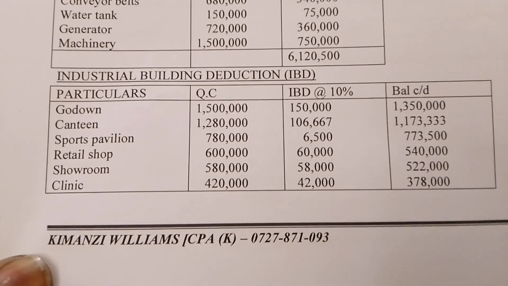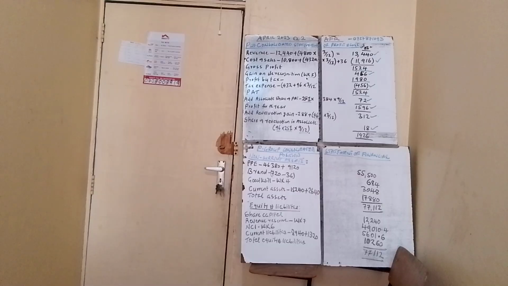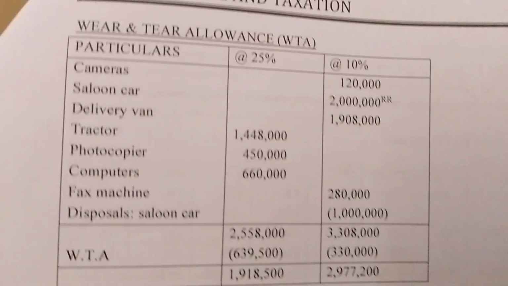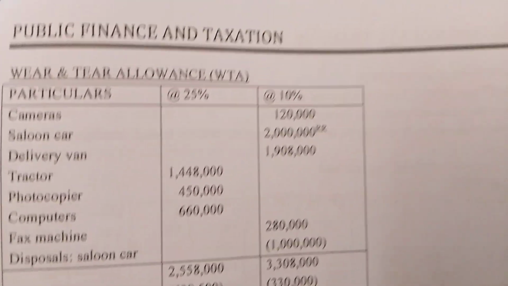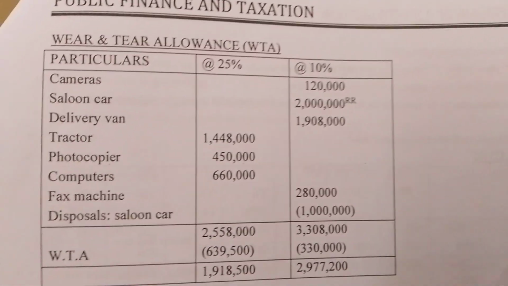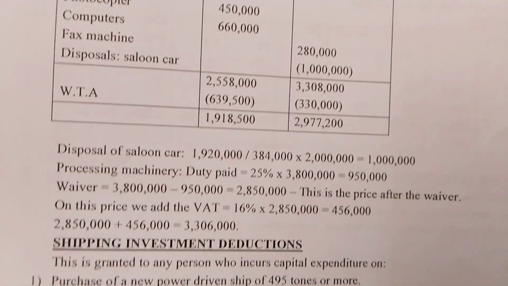There is no manufacturing taking place there. You go to page 210. The solution continues there again with those items granted 25% and the others at 10%. The answers are there.